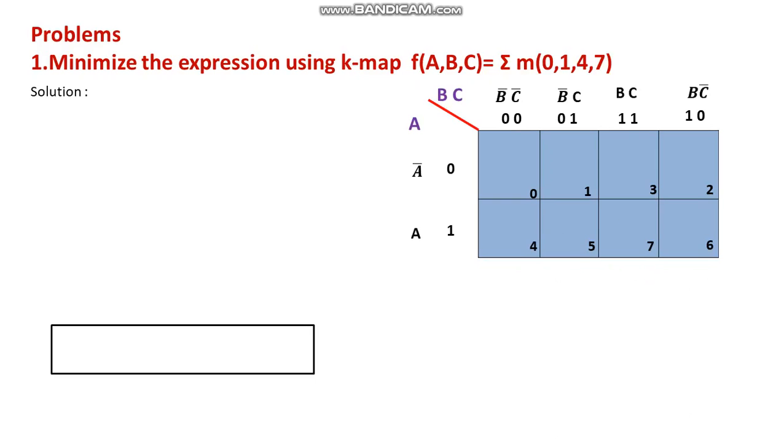So this is the first step, where we have plotted a K-map based on the number of variables. Now we will place the ones.